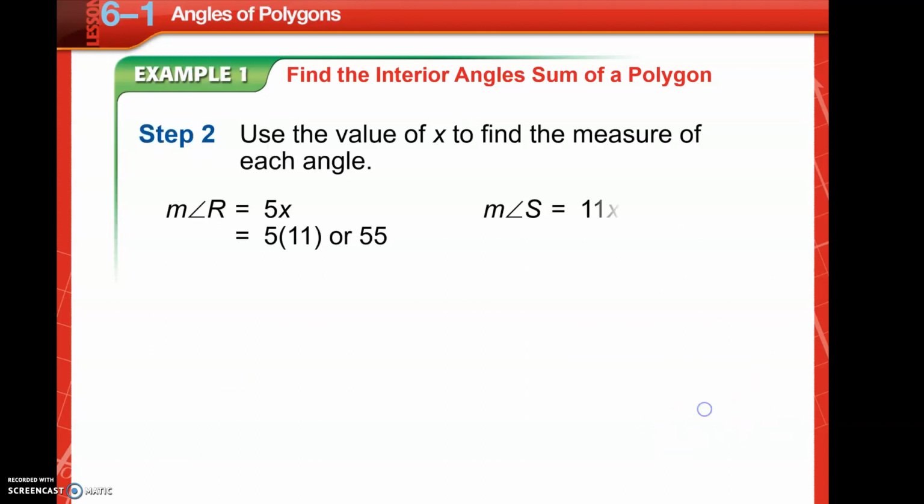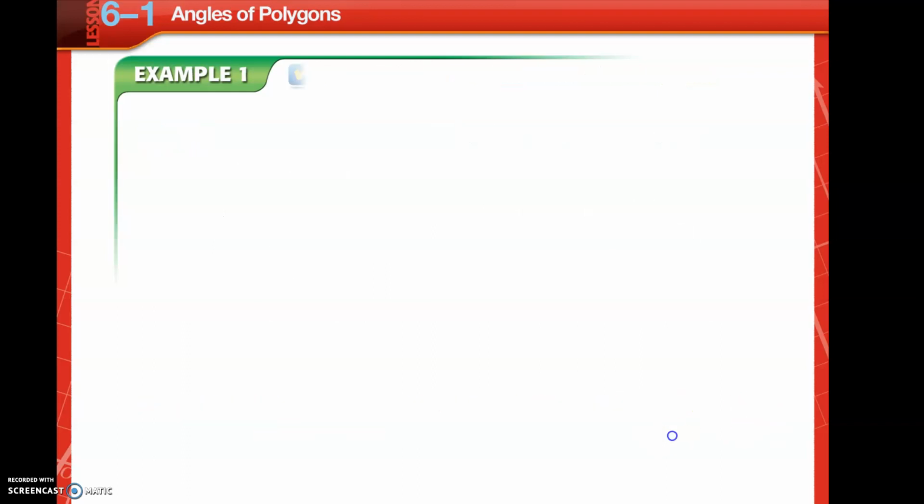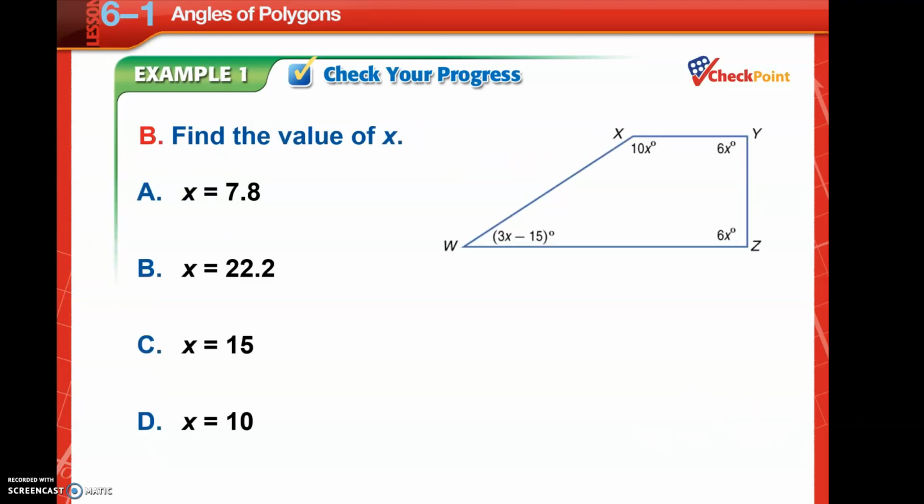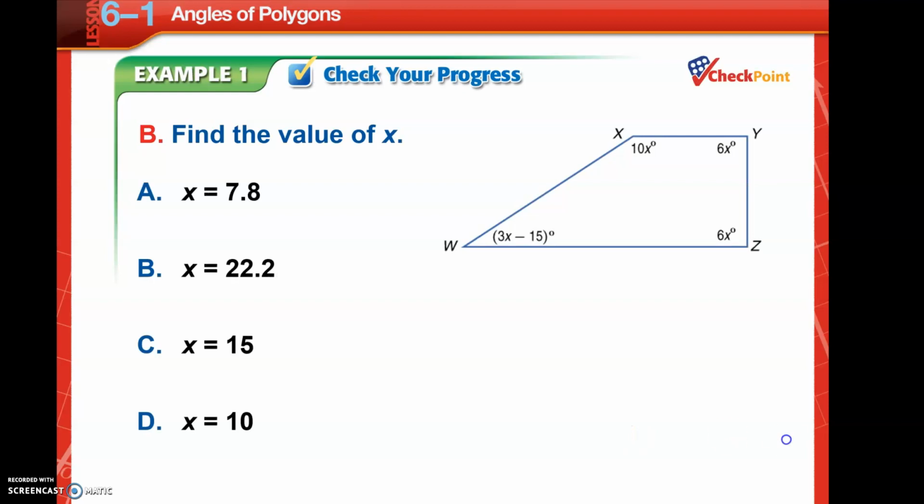All right, so that gives you the basics of those two types of problems that you're going to see: their sum, and also using that sum to figure out, like this would add up to 360, finding x, and then finding sometimes the value of each angle.